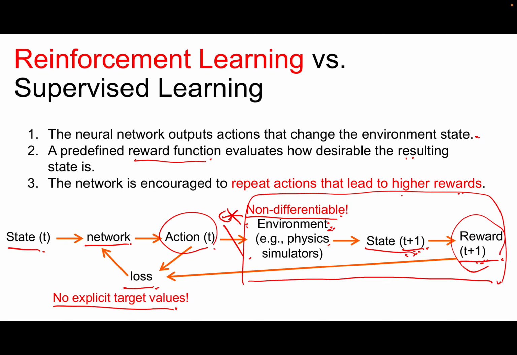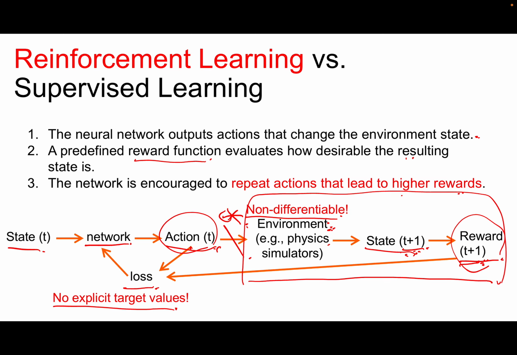But as I said, in reinforcement learning, we do not have an explicit target value, so we just encourage the neural network to repeat actions. This is not a label from the data set. This is the output of the network. But we compute a reward for each action, and then we encourage the network to repeat actions that lead to a higher reward. That is the philosophy of reinforcement learning.